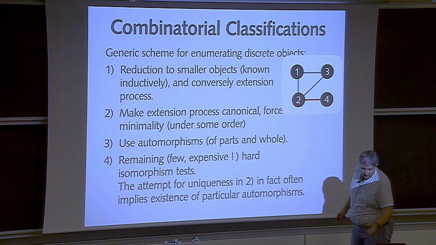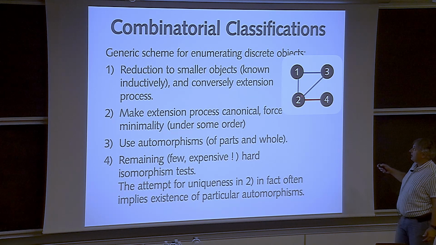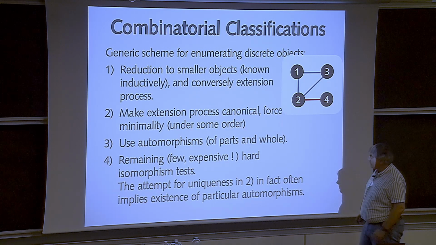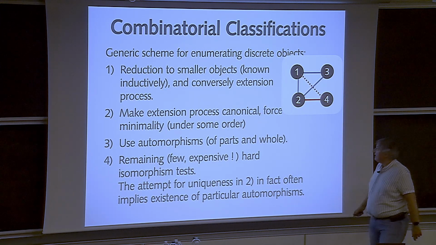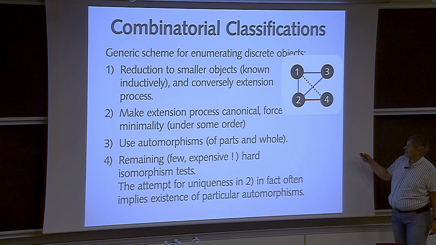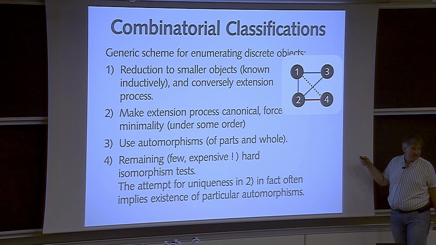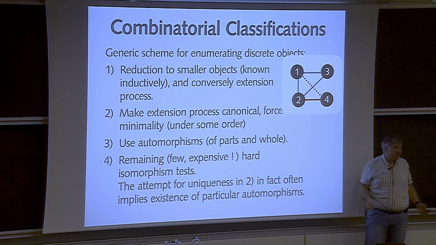For example, graphs on 4 vertices can be obtained from graphs on 3 vertices, what I've drawn in blue here, and then by adding a further vertex and adding further edges. Now the problem is the same graph might be generated many times. For example, in this situation, if instead of having the straight red edge, I would have added the dashed red edge, I would have gotten an isomorphic graph.